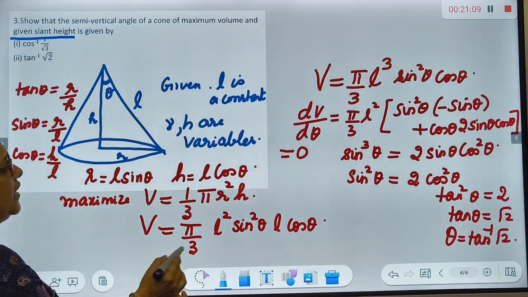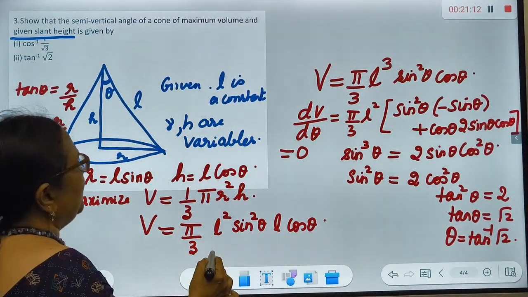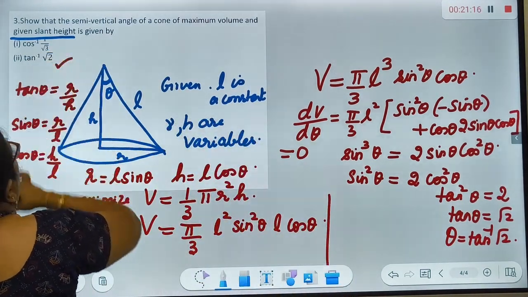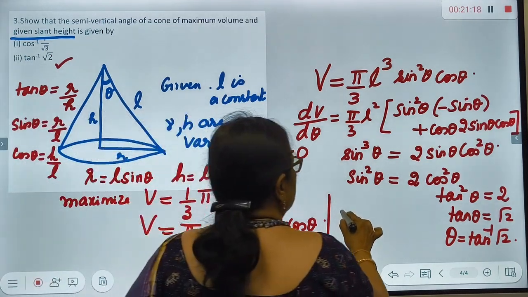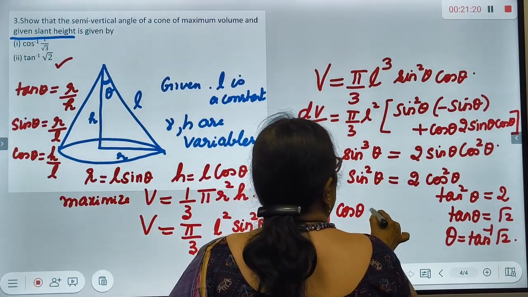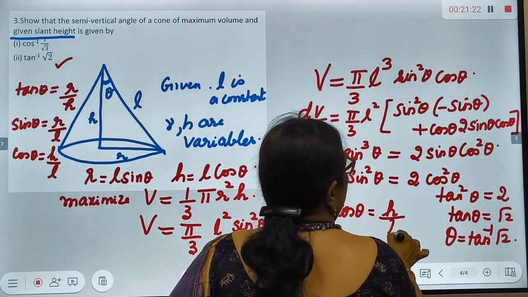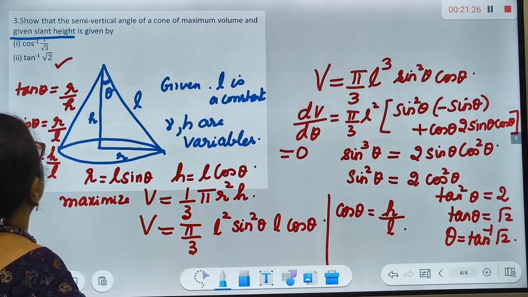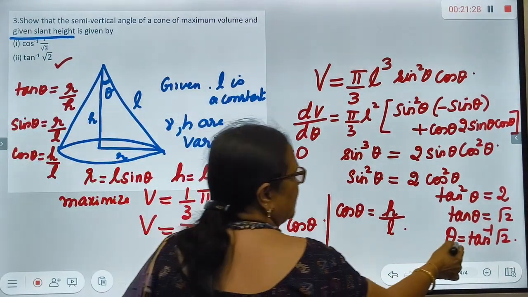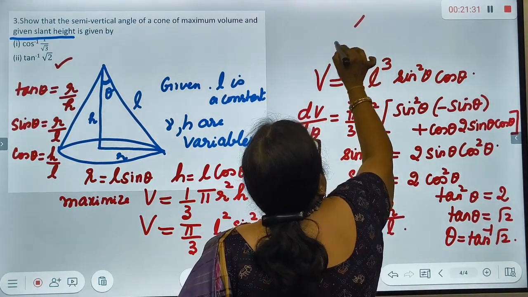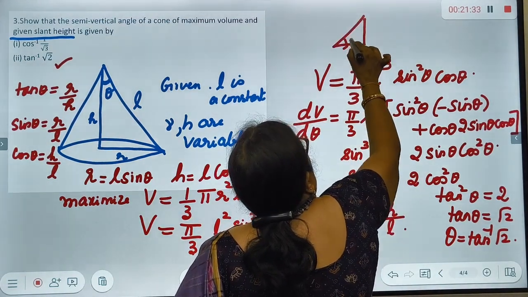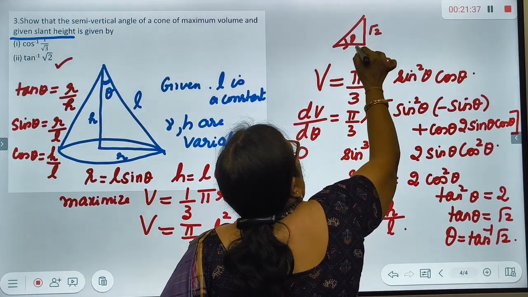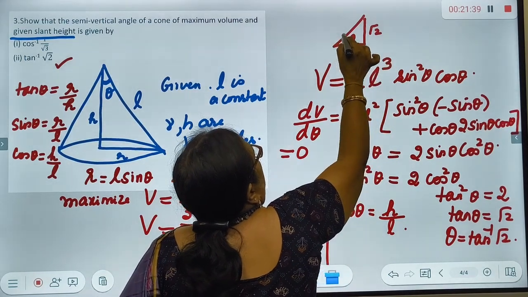Now if tan theta is root 2, what else? So we have proved this part. Now what about cos theta? Cos theta is H by L. Now if tan theta is root 2, in a right angle triangle, if this is theta, then what will be cos theta?